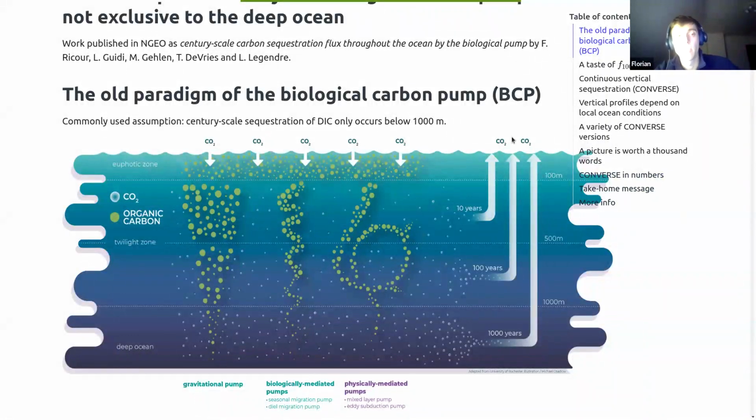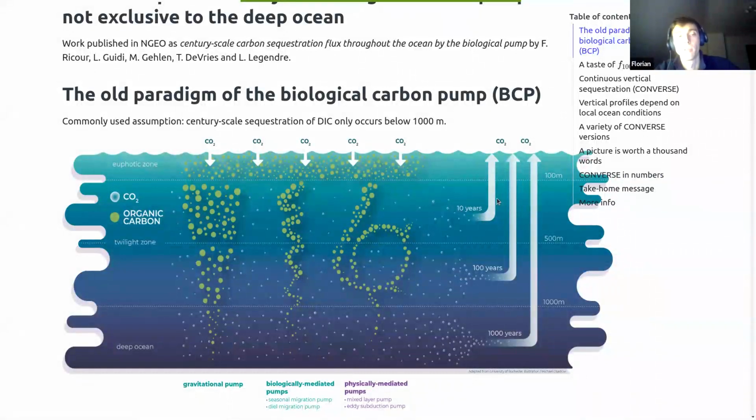When I say in the title that this is an old paradigm, I mean this part on the right: we see it in a discontinuous way. If you have some biogenic DIC that is remineralized in the first 500 meters, you would not think that it may be sequestered for more than 100 years.